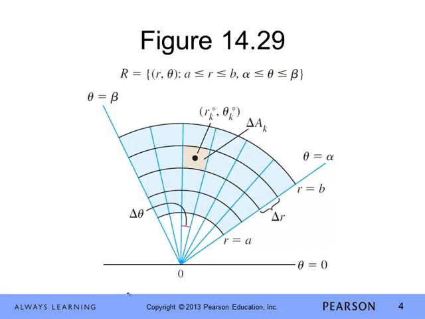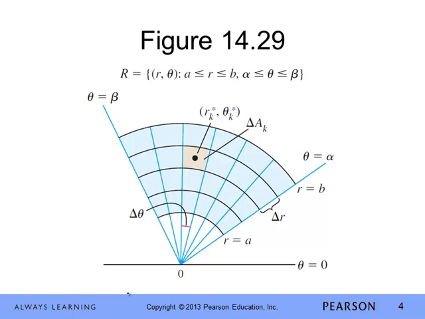So let me give you a rough discussion as to how the dA element is formed in polar coordinates. Now, before we do that, let me remind you of how we did it with x and y coordinates.